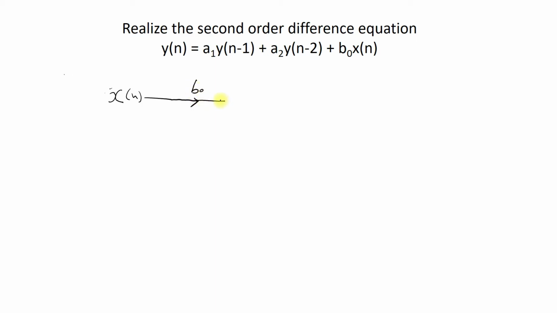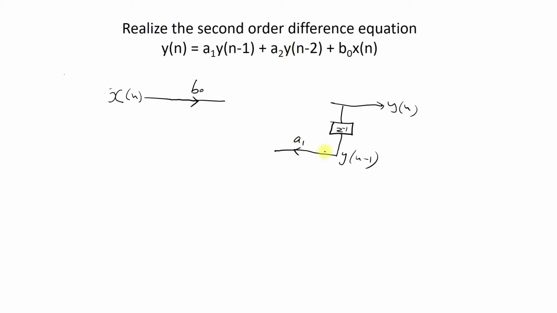Now on the output side we have y of n. Now we have a delay of 1, delay is the z inverse, and we know the output of the delay will be y of n minus 1, which is multiplied with a constant a1.